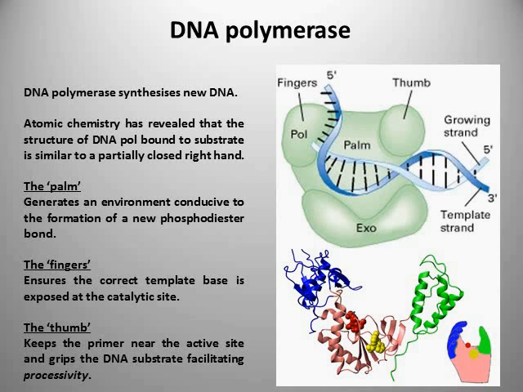And the thumb region is responsible for just keeping a tight grip on the entire thing. And keeping a grip on the entire thing affords something called processivity to these enzymes, which we're going to talk more about later on, but in effect reflects the fact that each time DNA polymerase binds to the double-stranded DNA molecule, we don't just get the addition of one base, we get the addition of many bases.